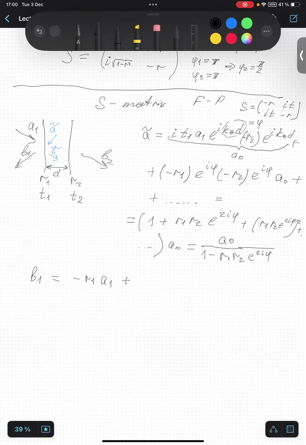And then also i T1 A tilde, because the field inside the resonator transmitted into the first region. And what do we have? Minus R1 plus T1 squared e to the 2i phi, divided by this denominator.